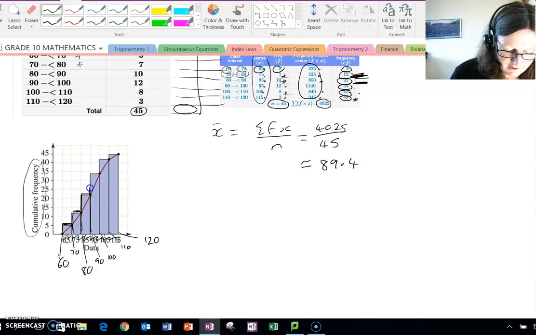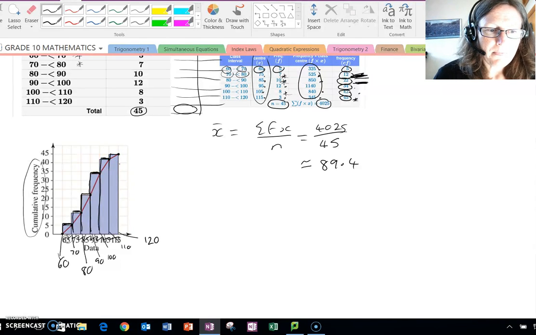Between 90 and 100, the cumulative frequency was 34. So there's our histogram to 34. Between 100 and 110, our cumulative frequency was 42. And between 110 and 120, our cumulative frequency was 45.